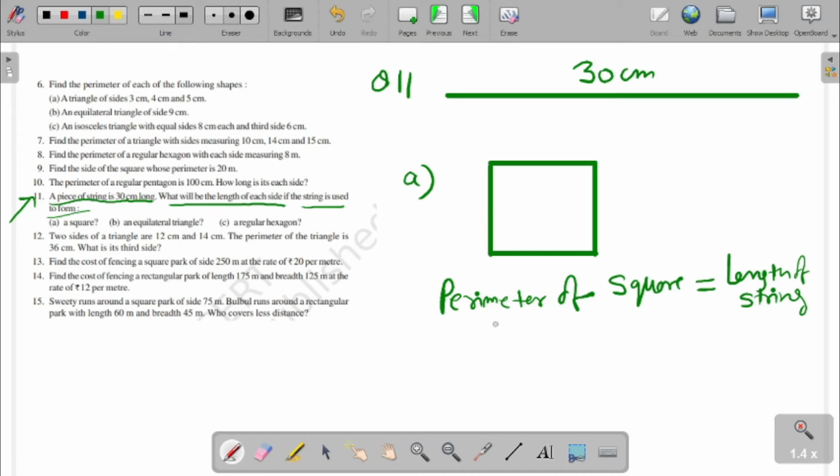That is, perimeter of square is 4 into side, and this is equal to 30. Then we divide both sides by 4.